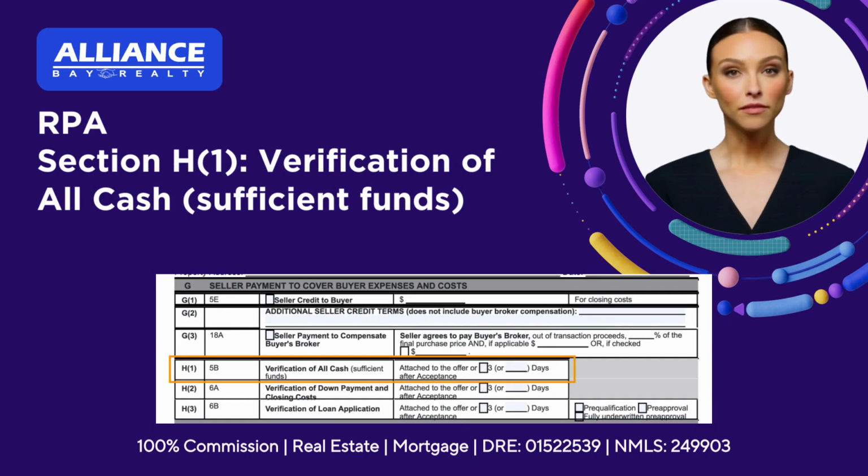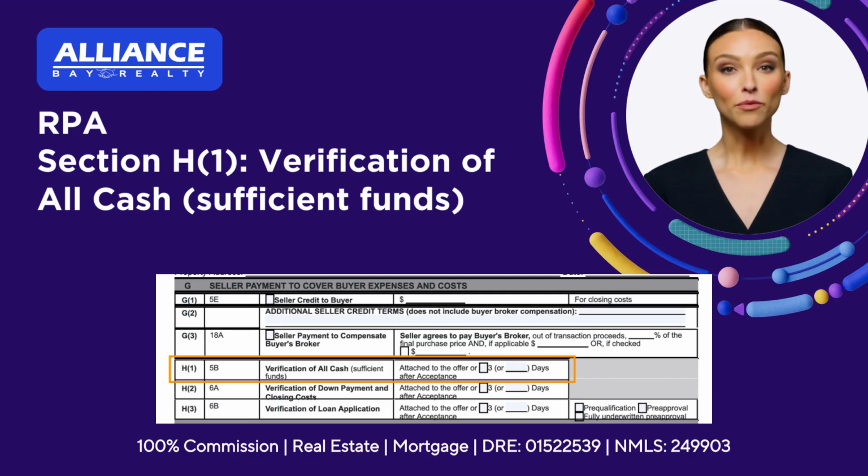Section H1, Verification of all cash, sufficient funds. It is proof that the buyer has all funds needed if this is an all-cash offer, or, in mixed deals, proof of any portion represented as cash. How to complete this section. 1. Choose attached to the offer, or 2. Choose 3 or more days after acceptance. You can also choose 3 or less days after acceptance. 3.